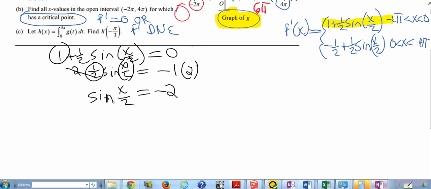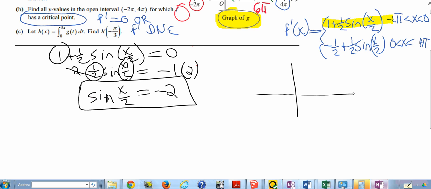Now here's where it helps just to know a little bit about the graph of sine and cosine. It starts off at 0, and I'm not too concerned about the frequency or the period of this, but I do know that it has an amplitude of 1.